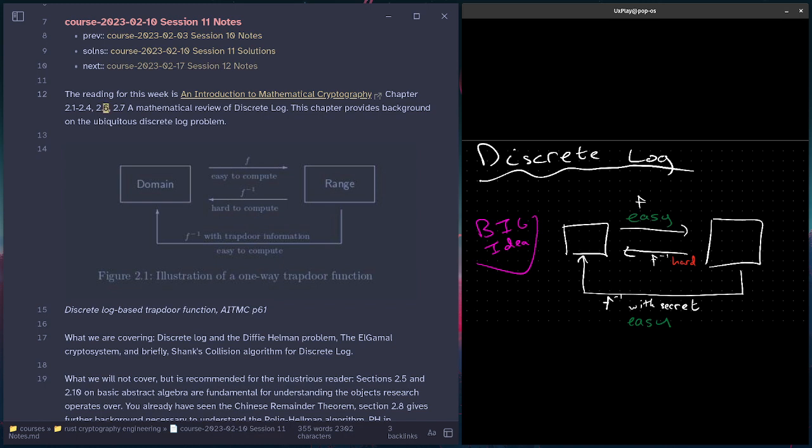I won't read the chapter back to you, but I will present a couple of big ideas from the chapter, starting with the trapdoor nature of the discrete log problem. I'll give an example of how the discrete log problem is applied in an entirely different context than encryption. And we'll talk about Elgamal encryption. And then finally, we'll round up with a quick example of the Shanks collision algorithm.